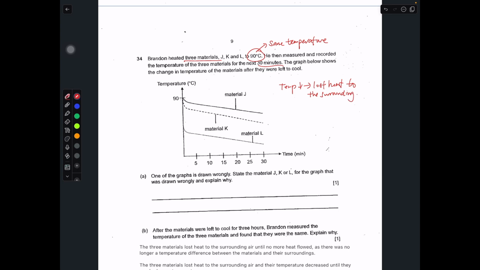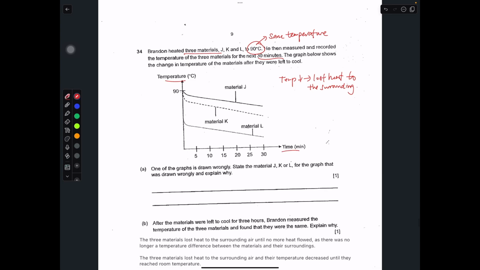Okay. So you have a time-temperature graph. This is a starting point for J and K. And you notice that K starts somewhere here. A little bit strange because it should be at 90. It should start here, but it did not. So one of the lines is drawn wrongly. Which one is drawn wrongly?